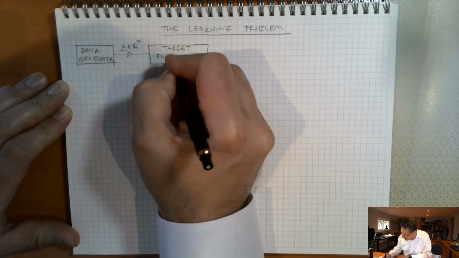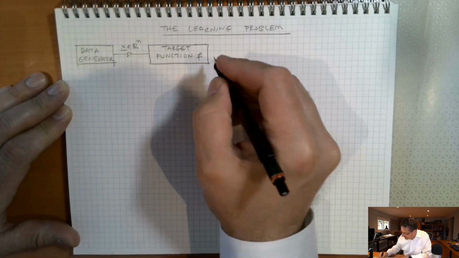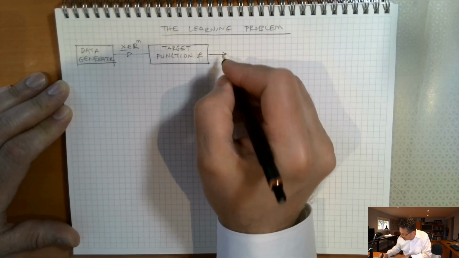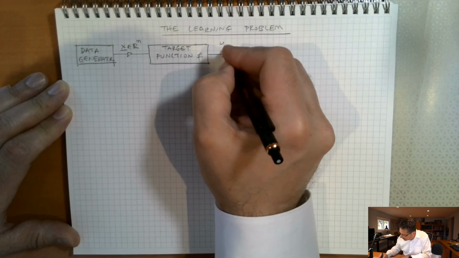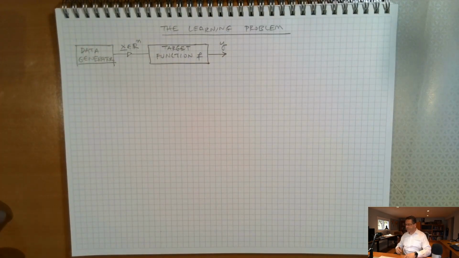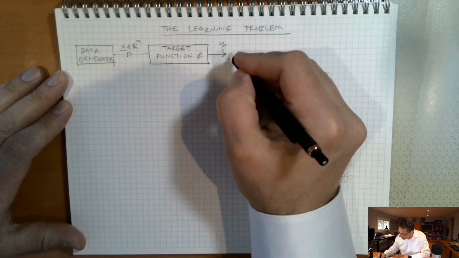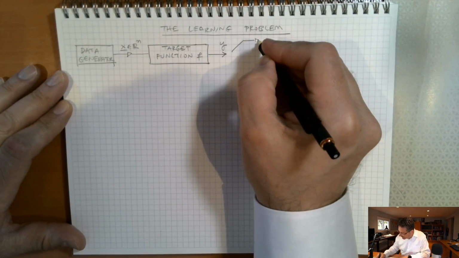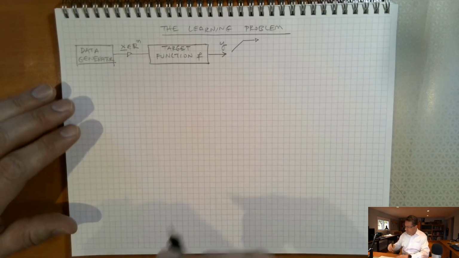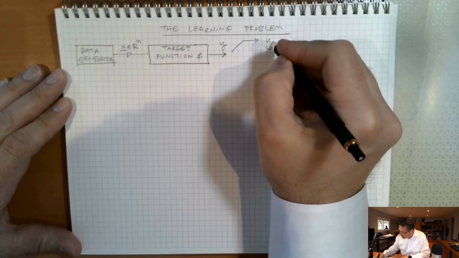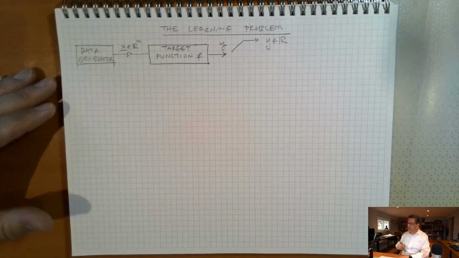Okay, so the x's are going to be mapped by the second block, which is called the target function, into a set of what we'll call labels, y. And these labels are going to belong to two types. The first type, which we will see a bit later, is when y is a real number.